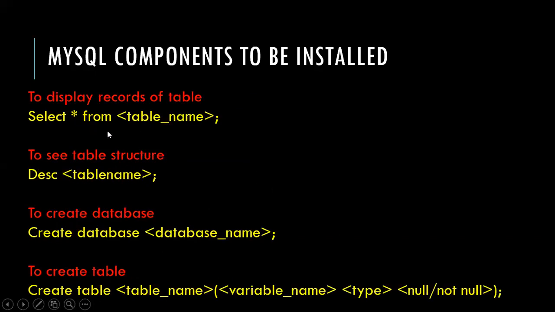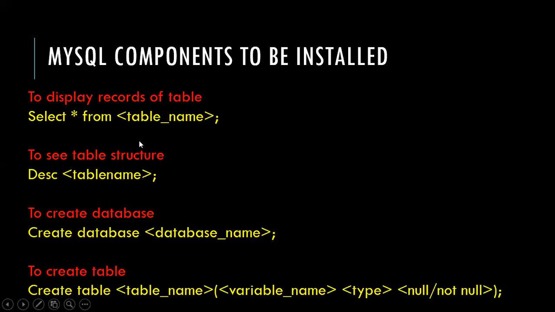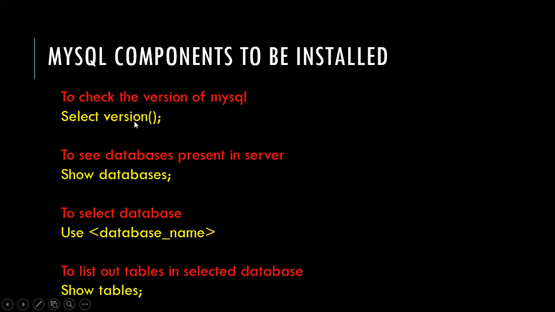To display all the records, select star from the table name. To see the table structure, you can give DESC table name. So till now we have covered 6 queries: 1, 2, 3, 4, 5, 6. Of course, this select version we executed in the command prompt, and you can execute it here also.